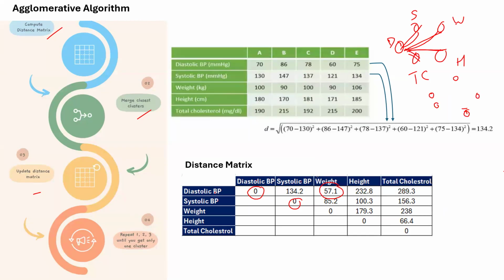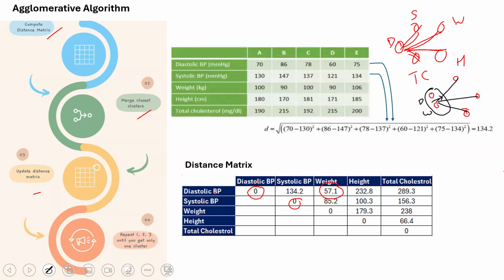And now this acts as a single cluster. Now I have to take a representative point for this cluster and then calculate the distance from that cluster representative to every other point. That is what updated distance matrix technically means.